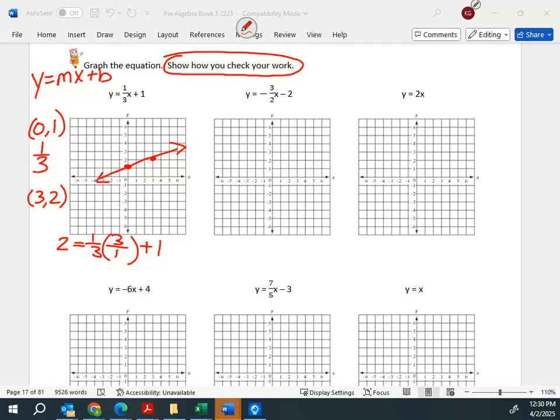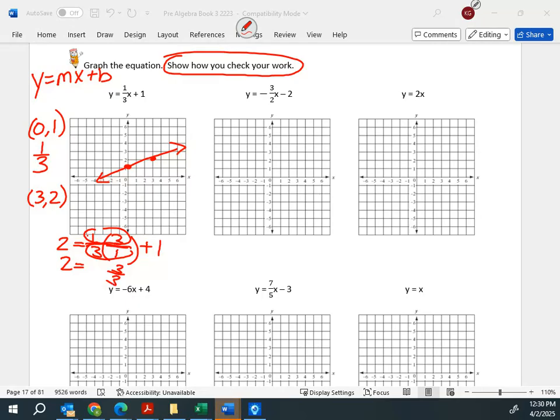So, does this work? Does 2 equal 1/3 times 3 plus 1? Well, what's 1/3 times 3? Robbie? What's 3 times 3? What's 3 times 1? And then we have 3 times 1.